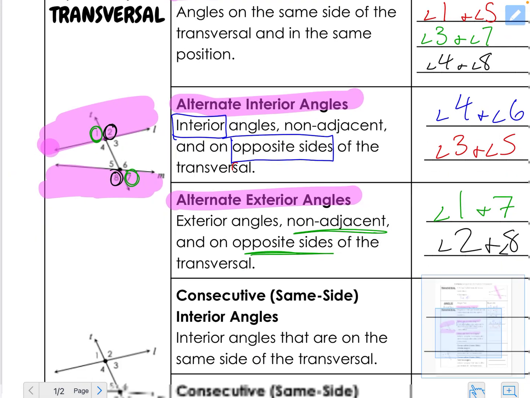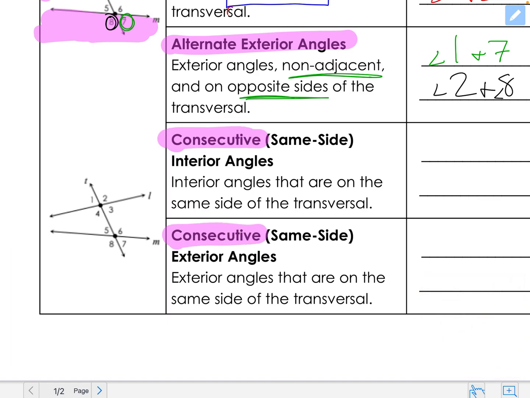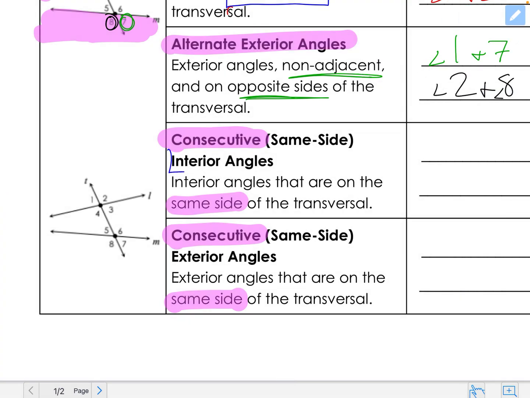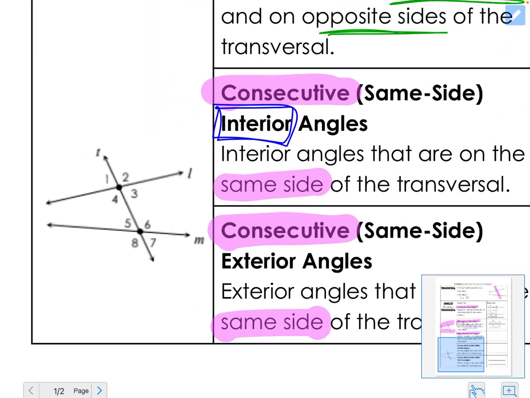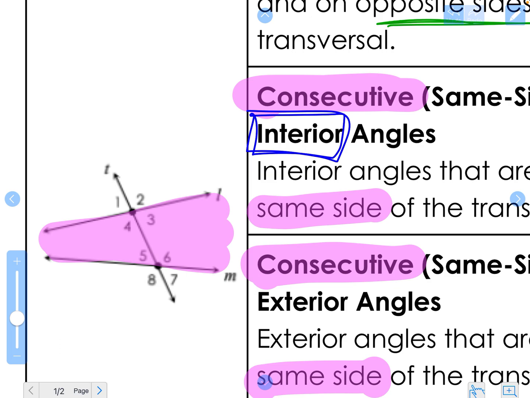So now let's look at our next concept, which is consecutive. Consecutive means that they are right in a row. It also means that they are on the same side of the transversal. The first one we're going to look at is consecutive interior angles. Again, interior means it is inside the two lines that the transversal crosses.